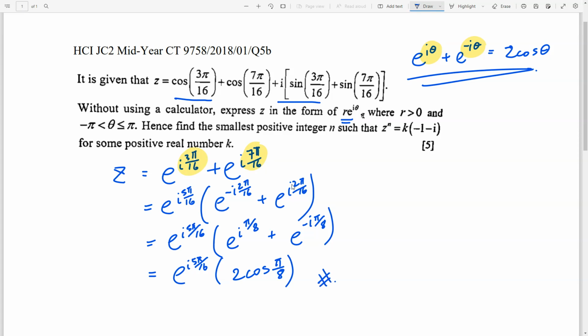Second part: find the smallest positive integer n so that z^n equals k times (-1 minus i) for some positive real number k.